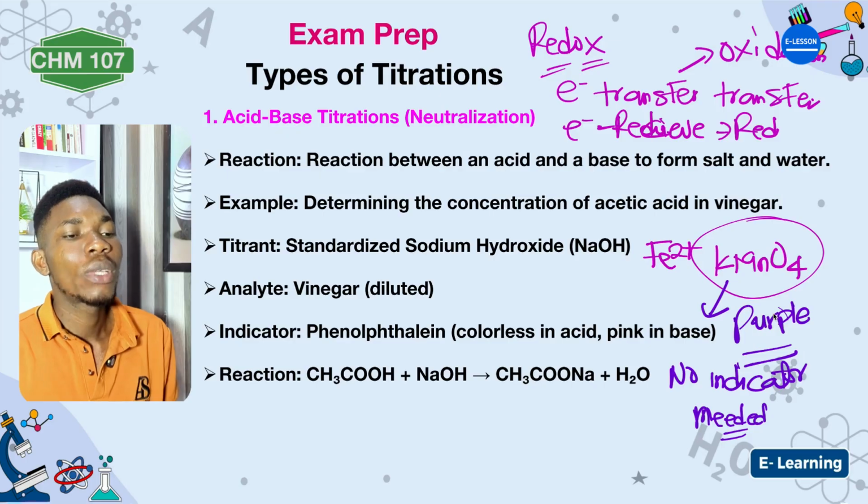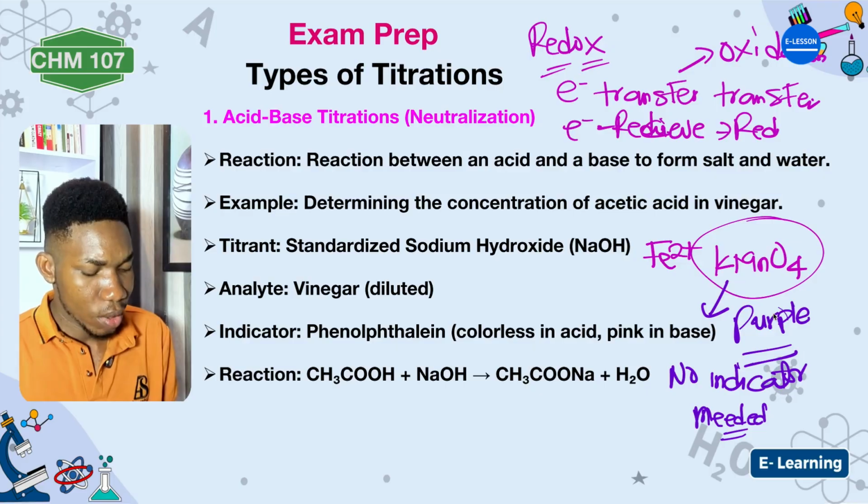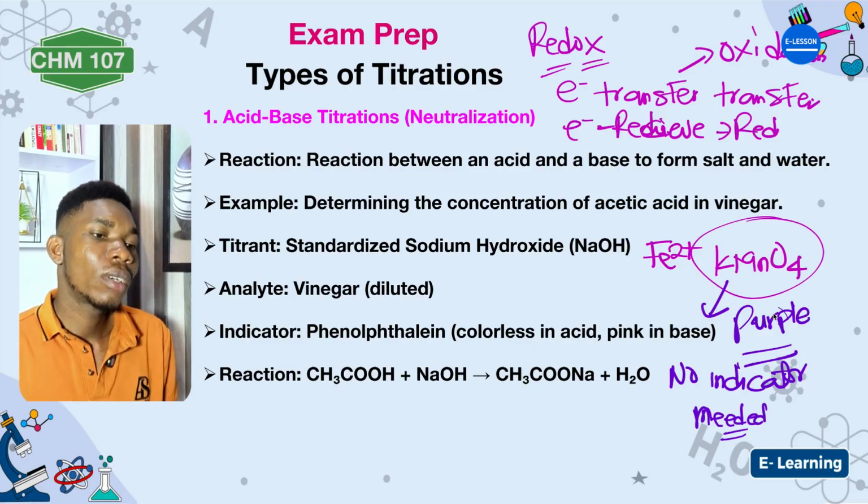Are you getting it now? So potassium permanganate is purple in color. It is a self-indicator. No indicator is needed. Are you getting it? Then another, this is an oxidizing agent. Potassium permanganate is the oxidizing agent in this titration.